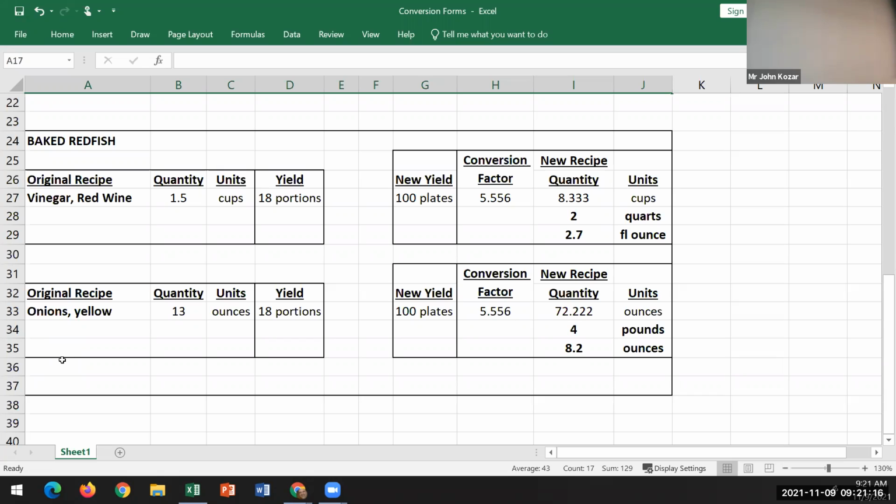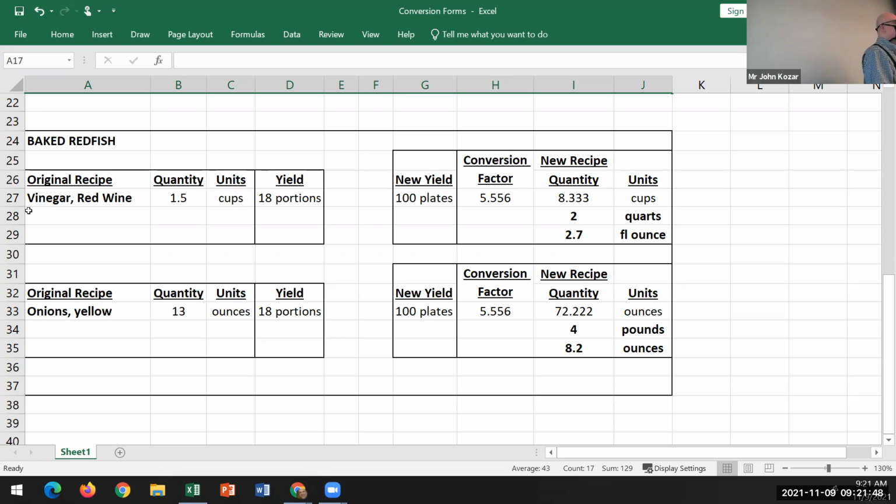So, same way, we'll calculate the conversion factor, dividing 100 plates by 18 portions, get a factor of 5.556. So when I multiply that by the 1.5 cups, it comes out that we will need 8.333 cups of red wine vinegar in this new recipe.